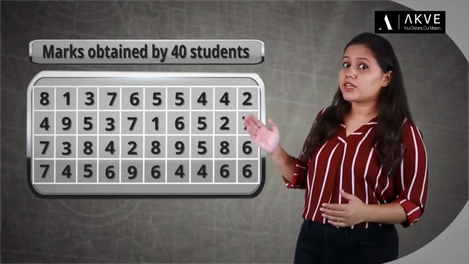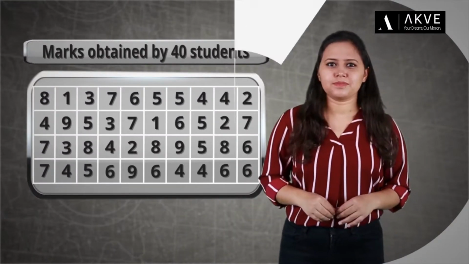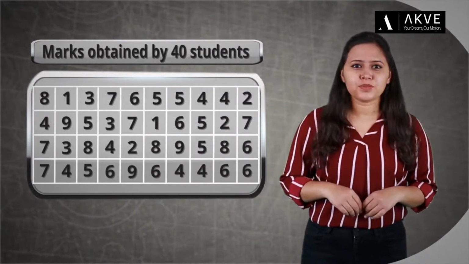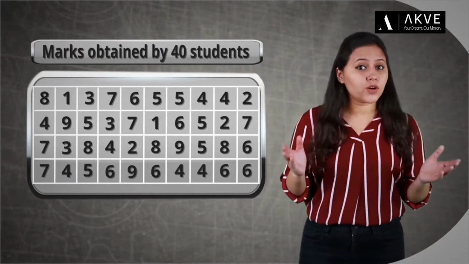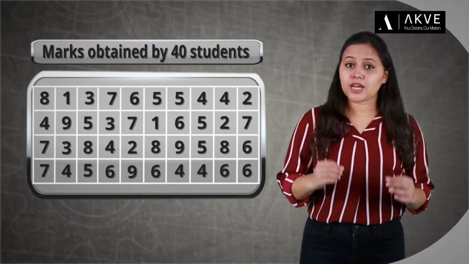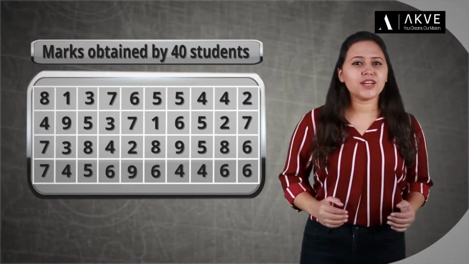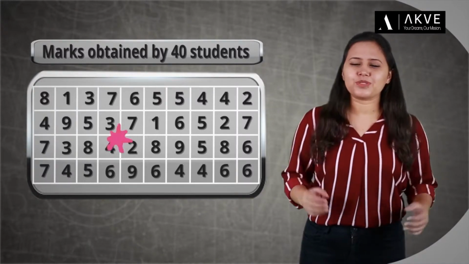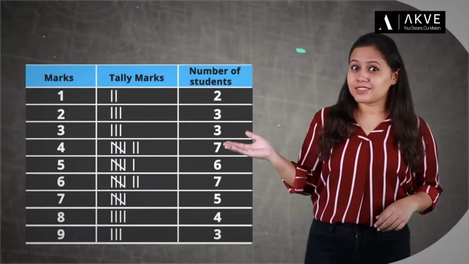For instance, consider the marks obtained by 40 students in a class. Now, how many students scored 4? Not possible to find in just one glance, right? But I hope you remember that we learned to organize this type of data in tabular form using tally marks. Like this.